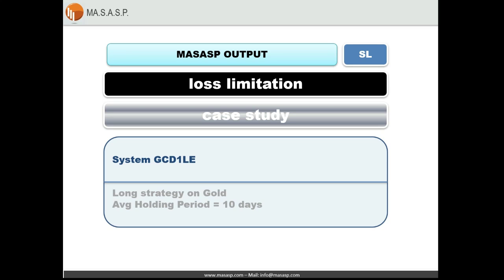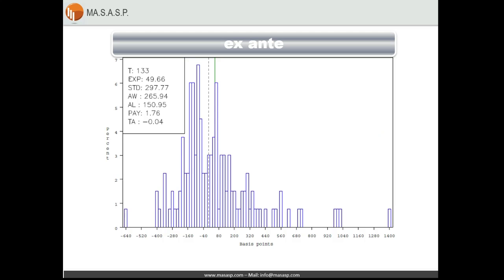Here it comes, the first real-life example. It's related to the long strategy on gold. This picture shows the profit and losses distribution of the trades generated by our trading system.